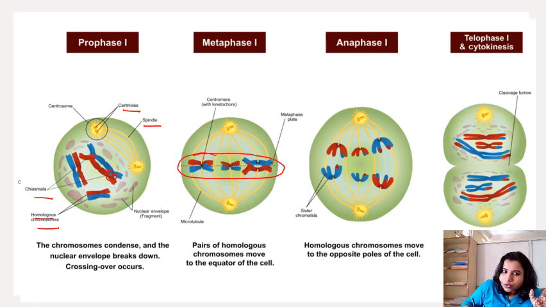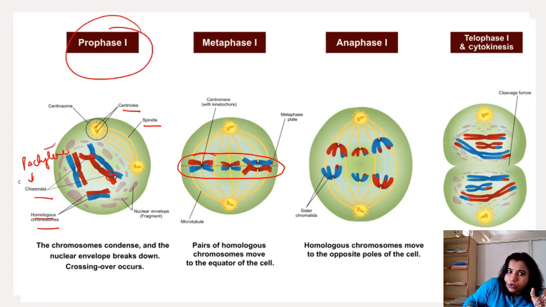Chiasmata formation takes place in the pachytene stage. Here it is given as a whole; the 5 stages are not shown separately, everything is given in one diagram, but we have seen them separately, where crossing over takes place, right? Where homologous chromosomes pair up. Pairing of homologous chromosomes takes place in zygotene, and crossing over takes place in pachytene.